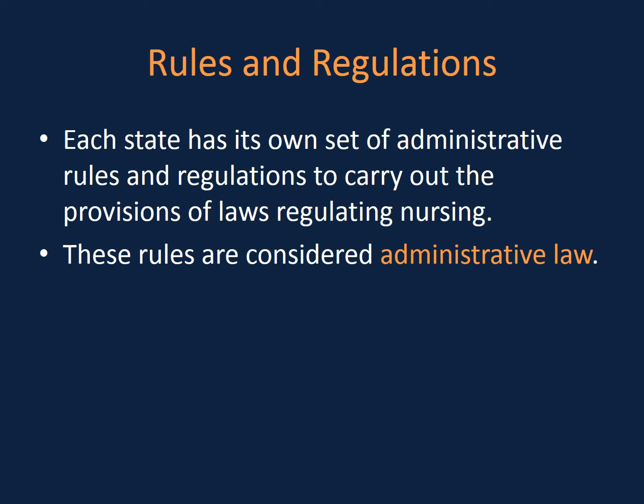If it is not permitted, this means that it is not within the scope of practice for the nurse. If it is permitted, we ask this question: was this skill or task taught in your basic nursing program? If the answer is no, this means that it is not within his scope of practice.